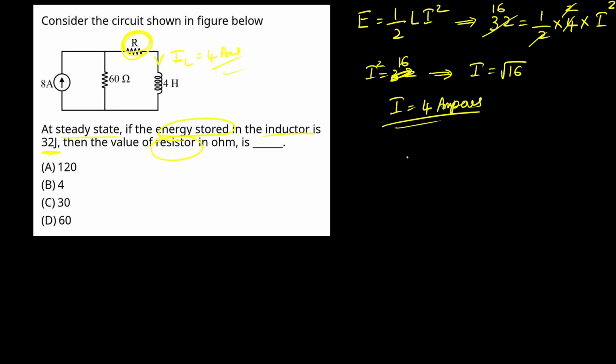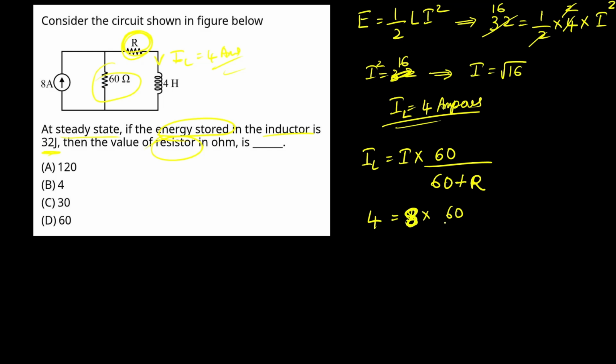So from the current division rule, we know that IL equal to total current I into the opposite branch resistance, that is 60 ohms, divided by total resistance of the cell, 60 plus R. If we substitute the values, we will get the value of R. So 4 amperes equal to I into 60. What is the total current? It is 8.